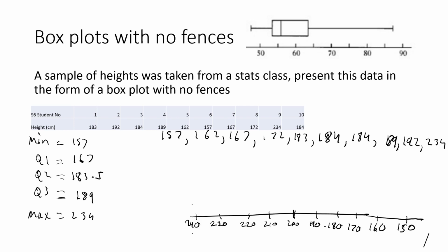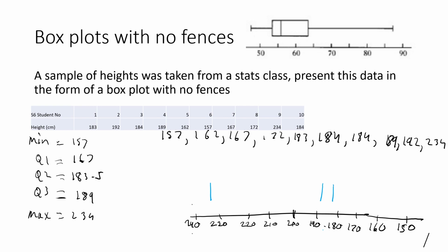And now what we do with these data is first we make a scale, and then we draw a line at each of these data points. So one at the maximum, 234, roughly there. One at 189, roughly there. One at 183.5, just roughly there.